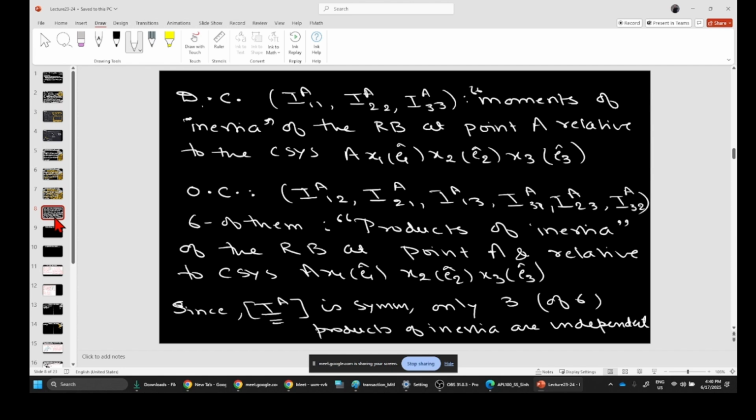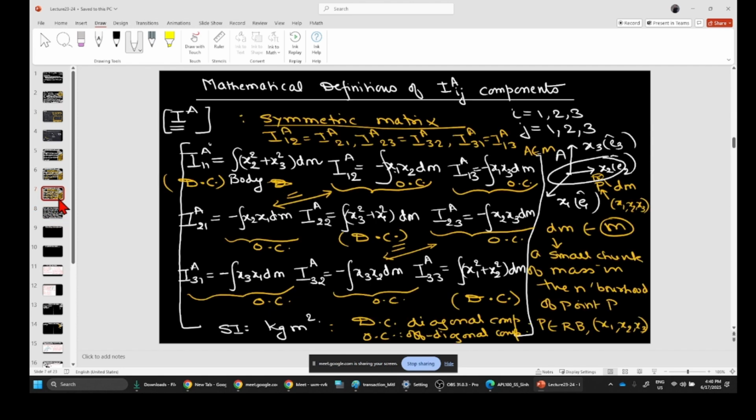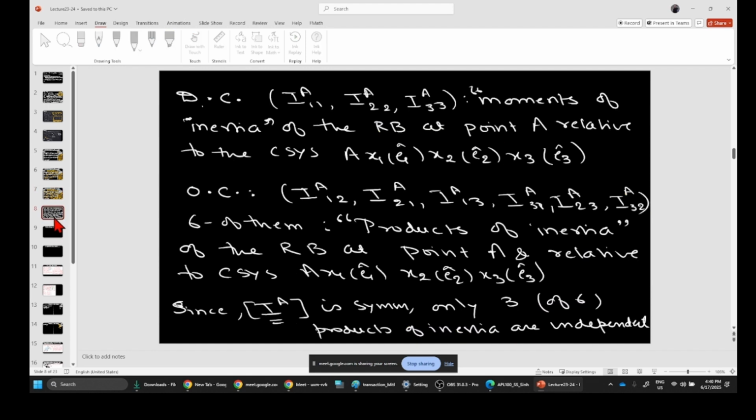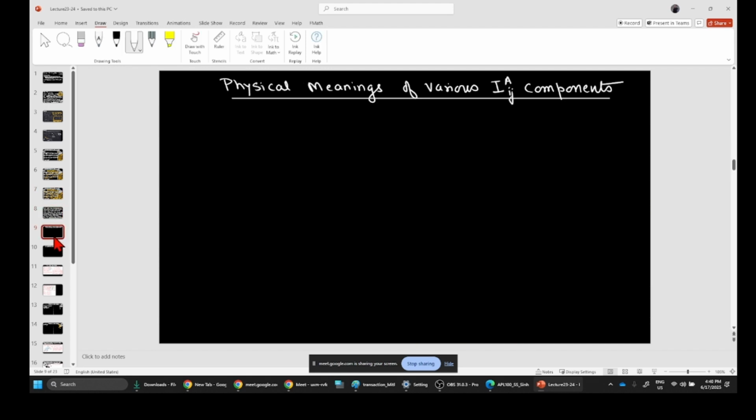So these are the mathematical definitions. What is the physical meaning? Is there any physical meaning we can associate with these components, products of inertia and moments of inertia? Let me share with you what my understanding is about their physical meanings.